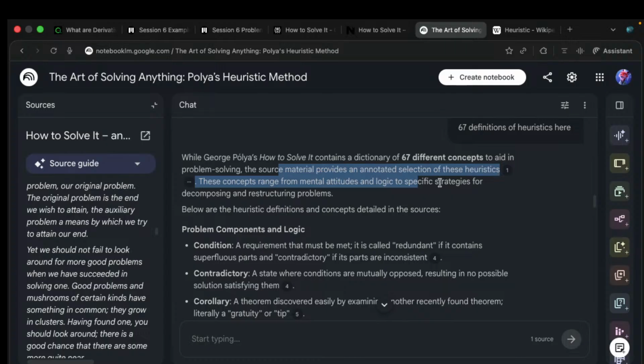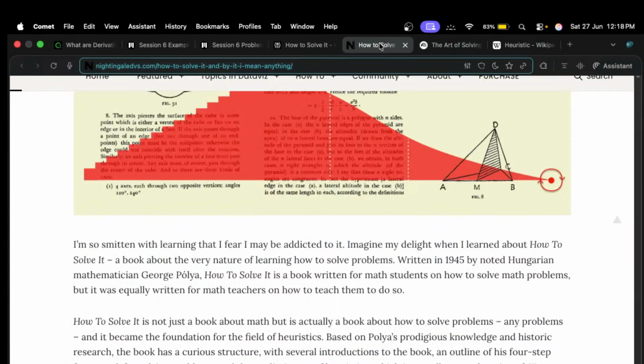Okay, so we are deriving it from this. It might not be showing the whole 67 concepts, but yeah, it's fine. It makes sense.